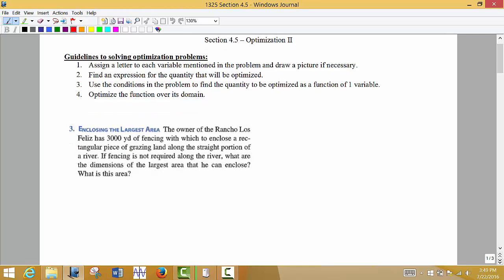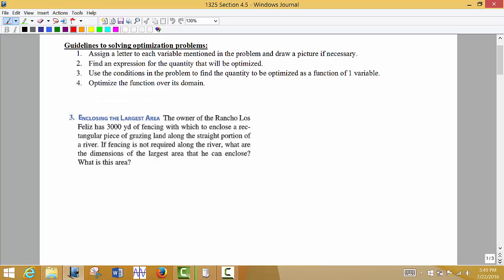All right, so let's look at the problem here. It says the owner of a ranch has 3,000 yards of fencing with which to enclose a rectangular piece of grazing land along a straight portion of a river.